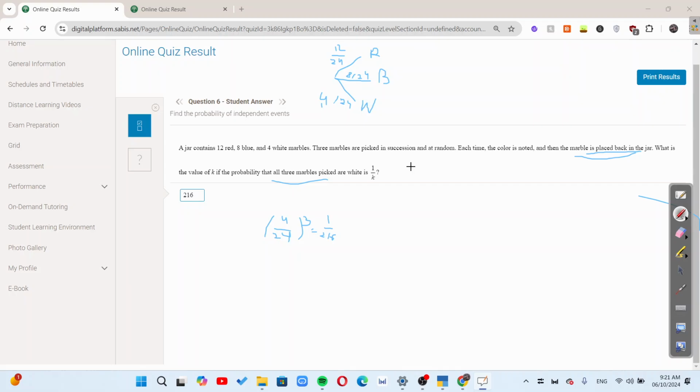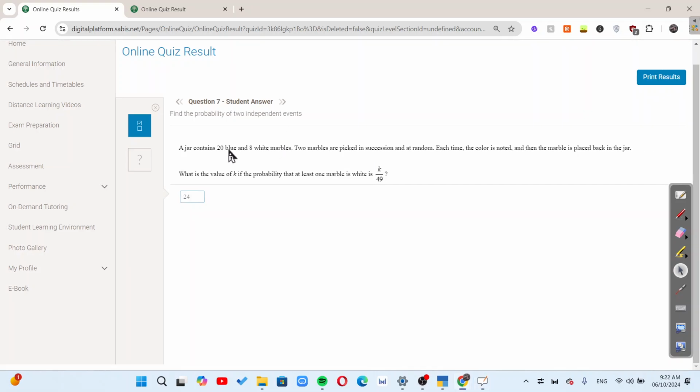So since they place them back in the jar, you just take this probability and you cube it, or power to how many ever times you picked marbles. So next question, they're telling you have a jar that contains 20 blue and 8 white. So you could get blue or white.